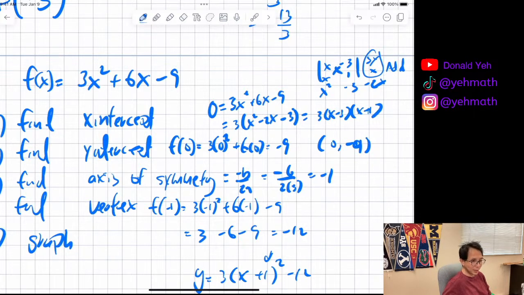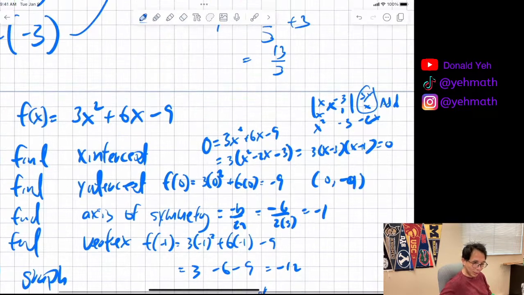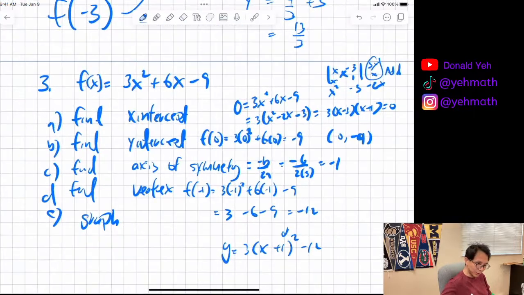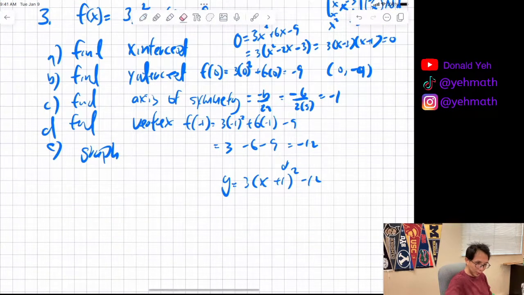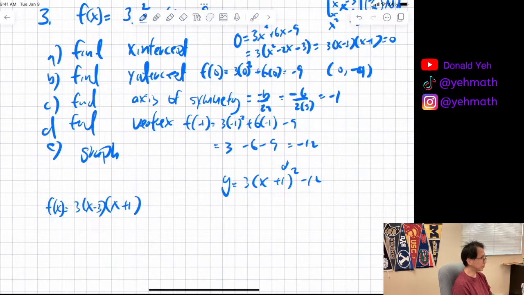Now, this doesn't mean x equals negative 3. You have to set it equal to 0. So this is called factor form. We talked about factor form the other day. It's 3 times (x minus 3) times (x plus 1). That's called factor form.